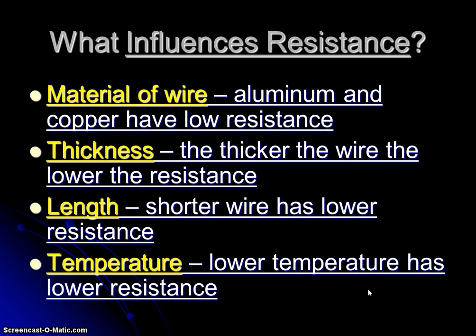Now, at first, you might think, well, that's kind of weird. I think that if something's warmer, the higher the temperature, the more quickly the atoms move. And that is true. However, because of that higher temperature, because of that movement of the atoms, you also remember that those atoms are crashing into each other more often. So if electrons are bumping into each other more often, then they are not flowing as often.